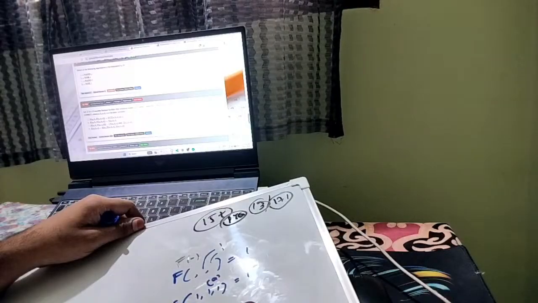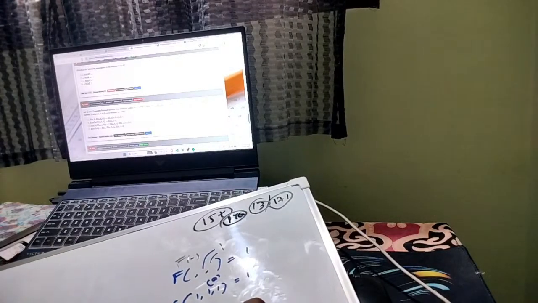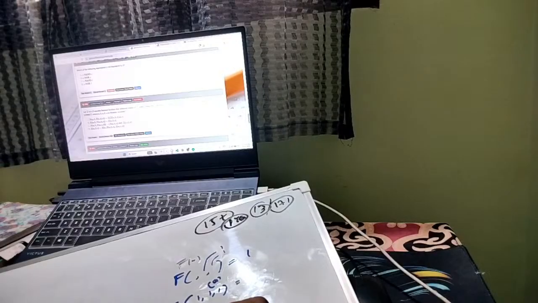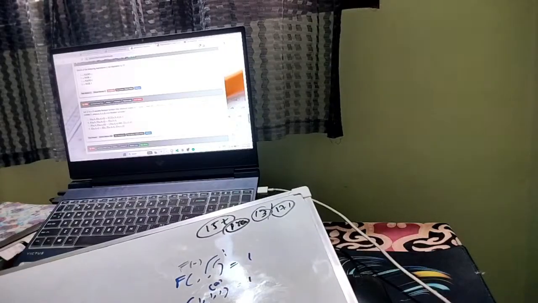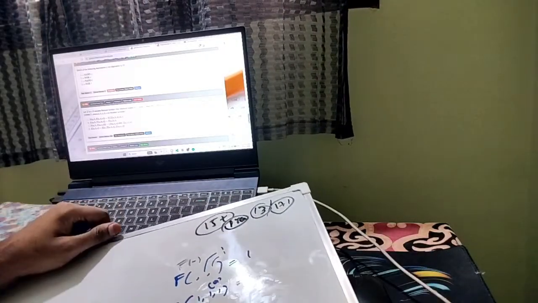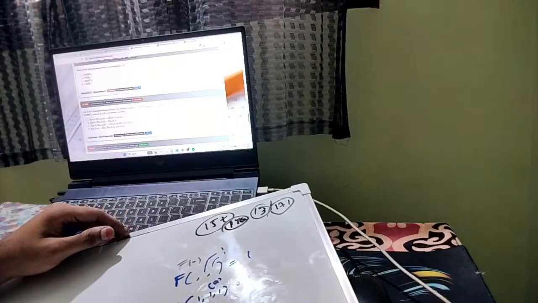If we consider C as one, consider E as one. The rest are all zero, don't care about that. So these are the minimum criteria to be one.